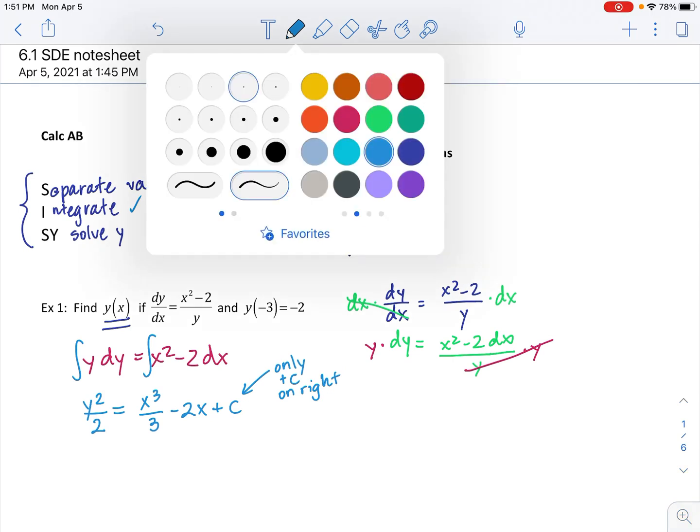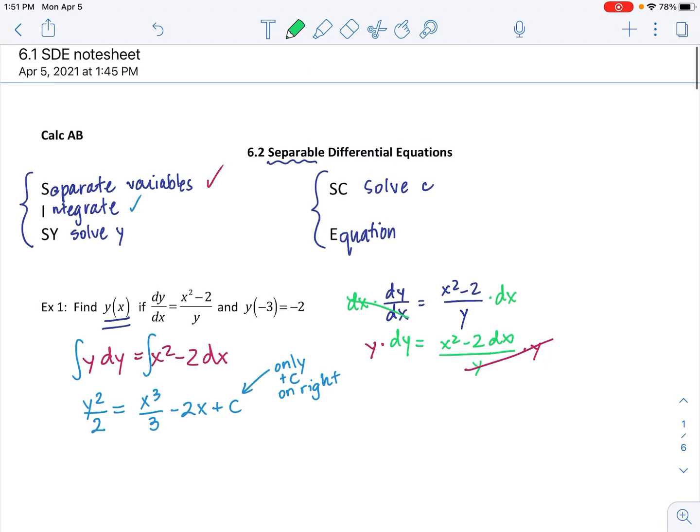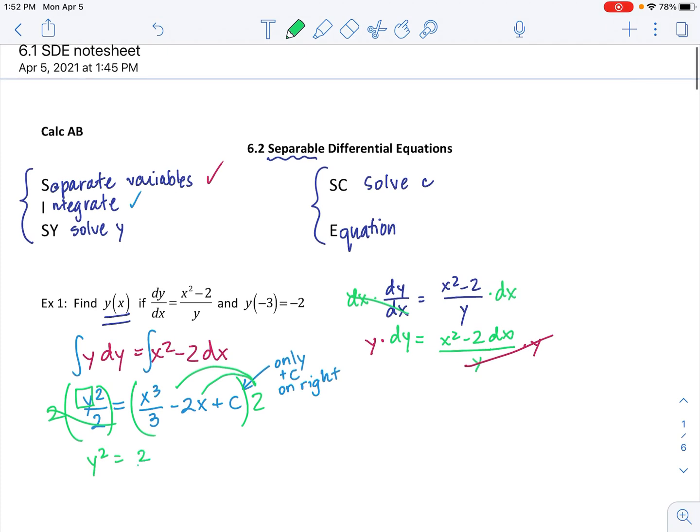Now we're going to move on and solve for y. I'm trying to figure out what y equals. I'm going to multiply by 2 to get rid of the denominator. This part is going to feel weird because I'm going to distribute the 2 only to these two terms. I'm not going to multiply it by the plus c because it's arbitrary, and until I plug in the initial condition, we don't really know what it is, so that one does not change at all.